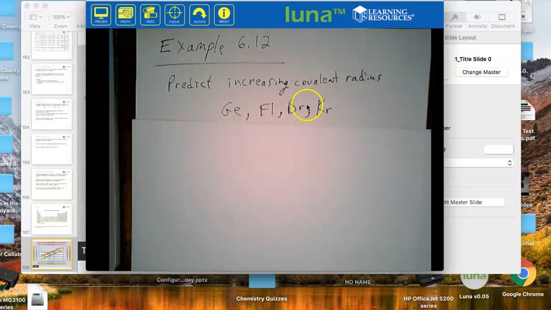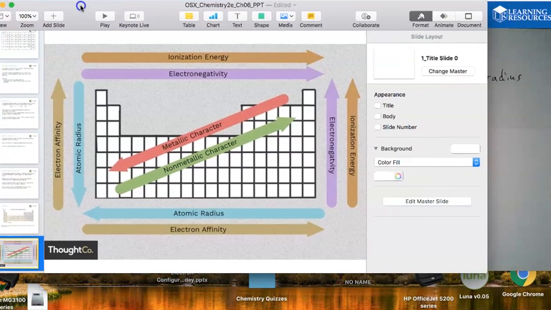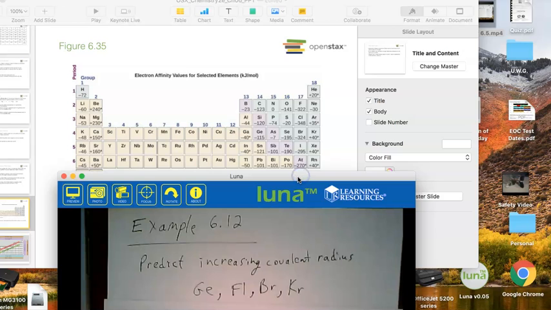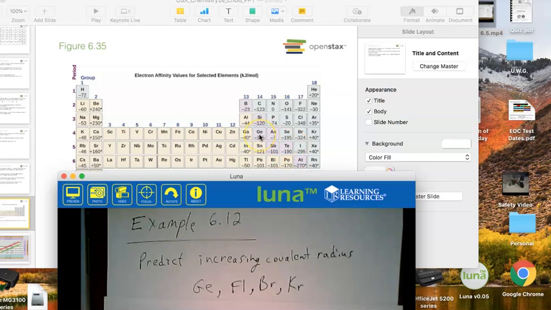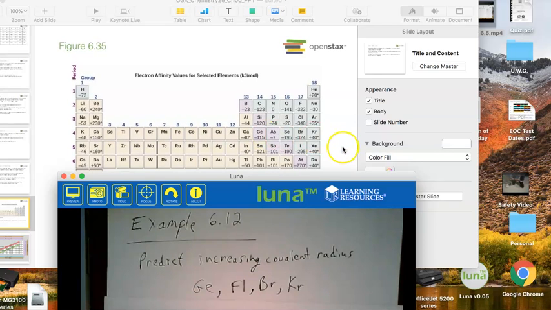We're going to predict from least to greatest the size for each element. And in order to do that, we have to really look at the periodic table. So I'm going to bring that here. Okay, so we're going to look at germanium here, and then FL, which is, where's FL?